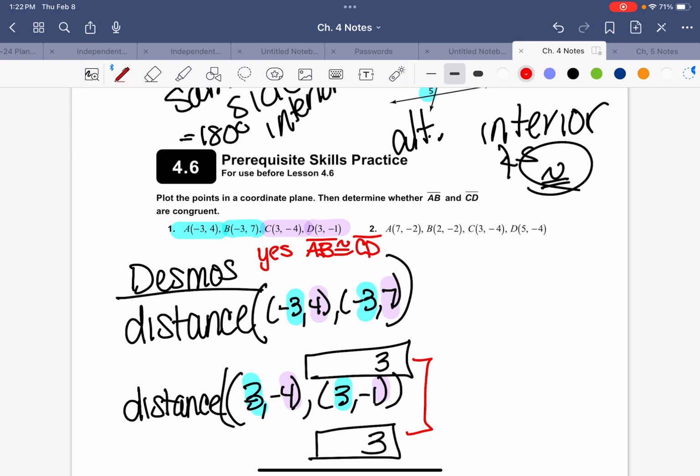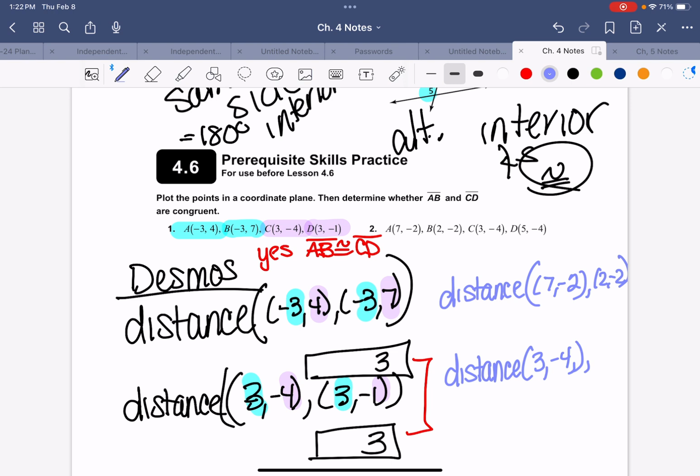Okay? And so then you're going to do the exact same thing with Desmos, but you're going to do it over here, and you're going to do distance of 7, -2, and then 2, -2. Okay? And then on the bottom, we're going to do the distance of 3, -4, 5, -4. Okay?